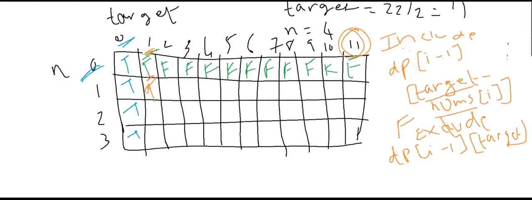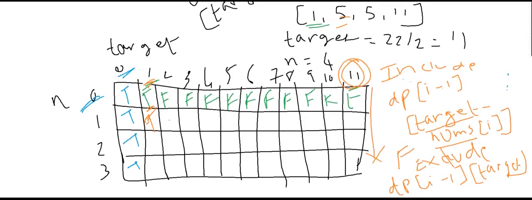Our target is 11. If we find true in this row, then we're going to return true. We are done because we have found a subset whose sum is equal to the target. At any point we find that. Okay, so now let's look here. For this cell, what is our target?